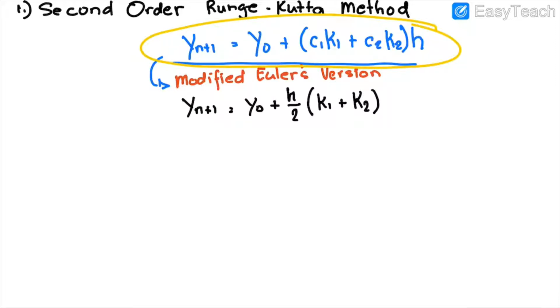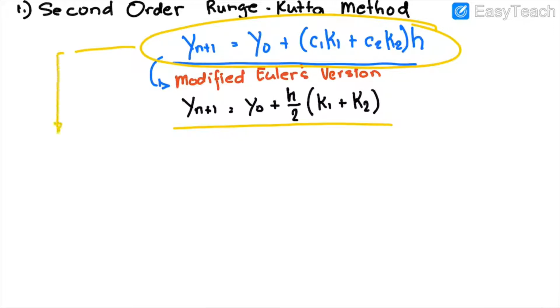But in relation to our lecture from the previous meeting, you will then apply this formula with the modified Euler's version. In the modified Euler's version, y sub n plus 1 should now be equal to y naught plus h over 2, the step size, times the computed values k1 plus k2.